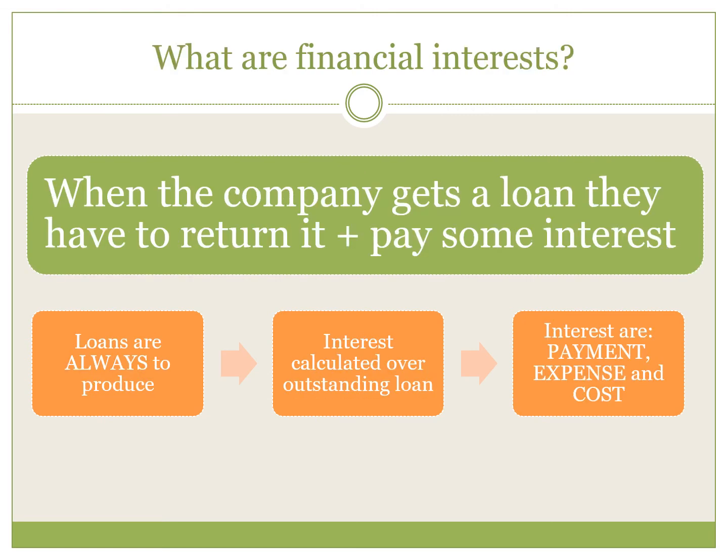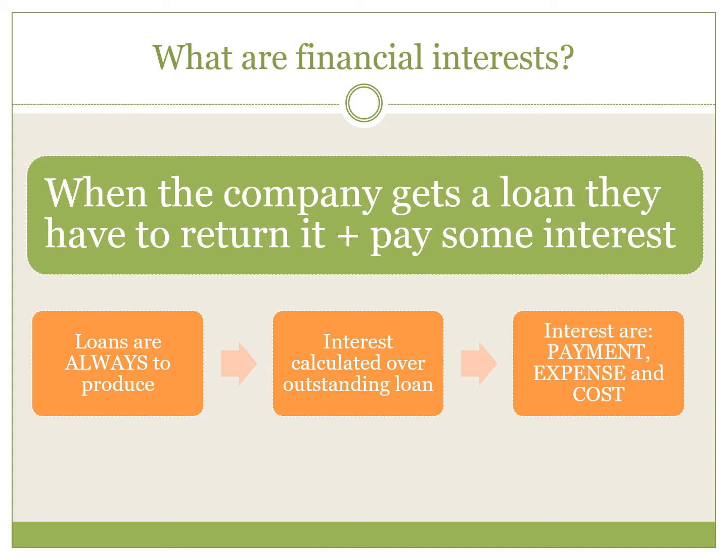But when you get a loan, you always have to pay some interest. So whenever you have a loan, you have to reimburse the loan and pay some additional money, and this additional money is what we call the interest. In order to locate interest in our table, you need to know that whenever the company is getting a loan, this loan is always being used to produce.